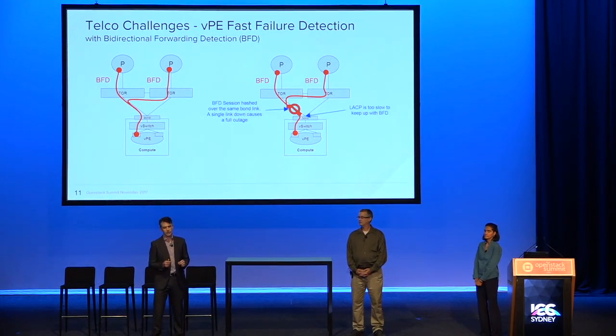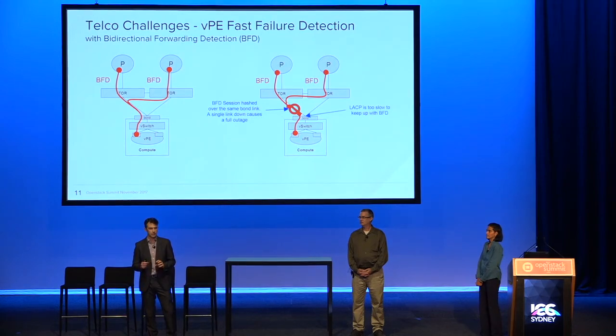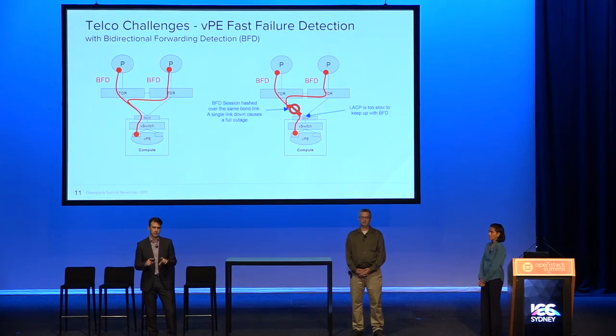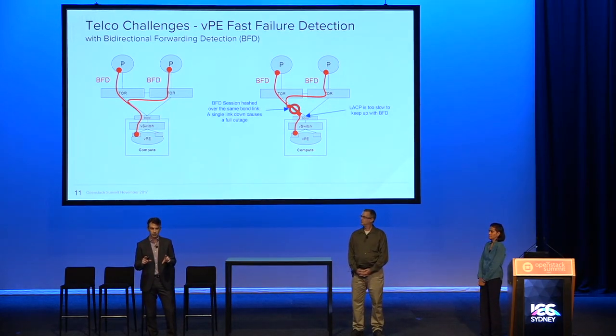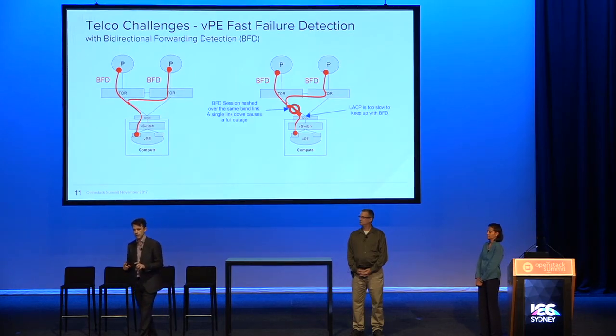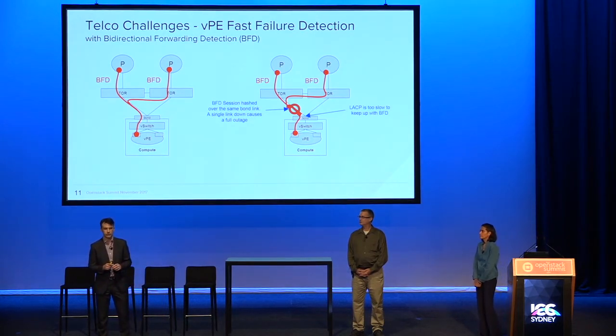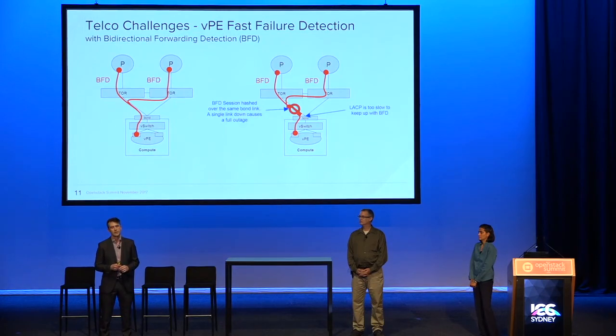In this case, we would have a fast hello between our virtual provider edge and two other endpoints in our core infrastructure, representing two physical links. If we lose any of those packets, due to link failures or a process failure, typically 3, which is configurable, we consider that link to be dead and we transition to another link.